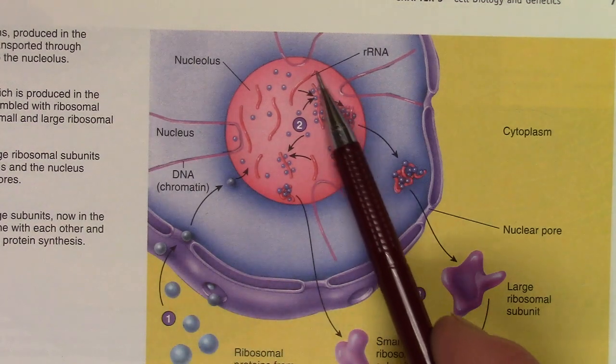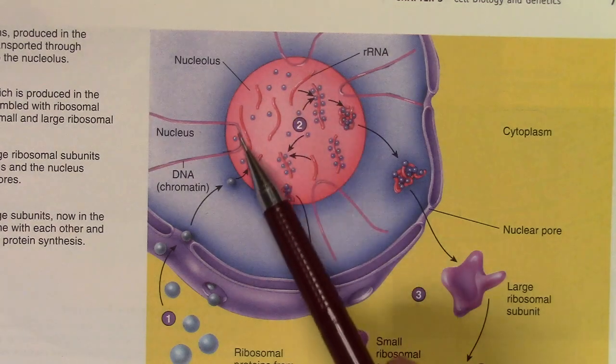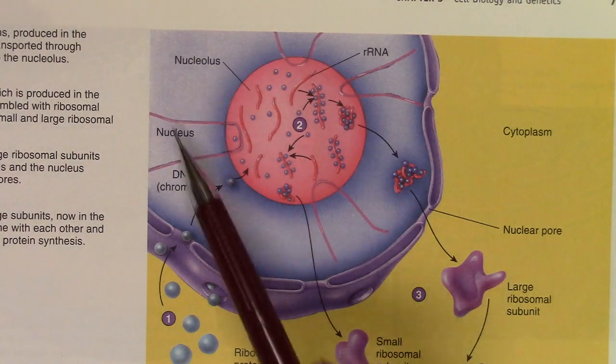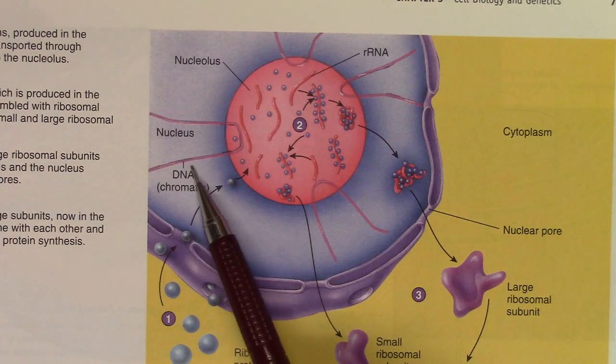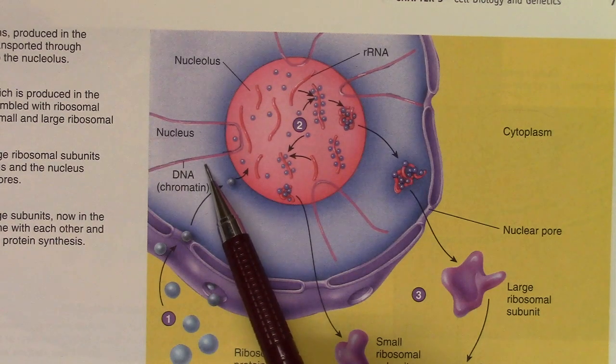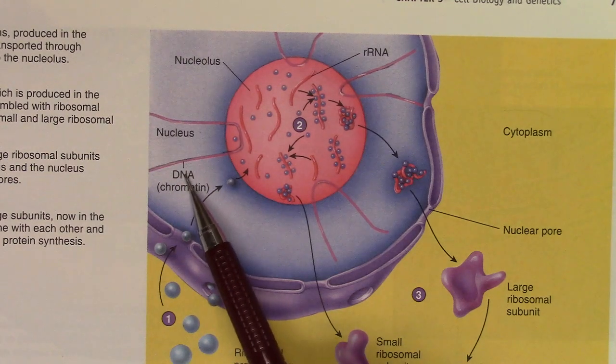And the pink dot region is the nucleolus, inside the nucleus. So this is the nucleus, and this is some of that DNA chromatin. Remember we said that DNA was contained in the nucleus? Here's the DNA inside the nucleus.